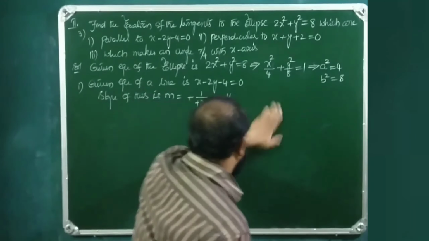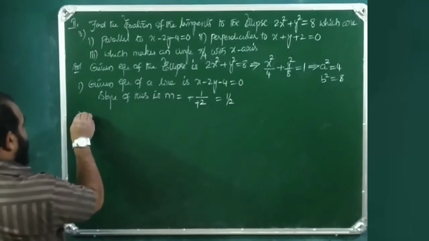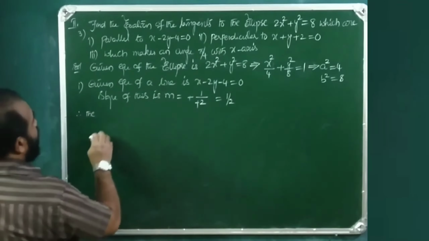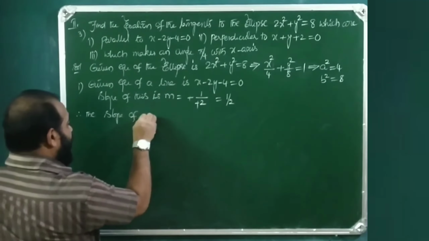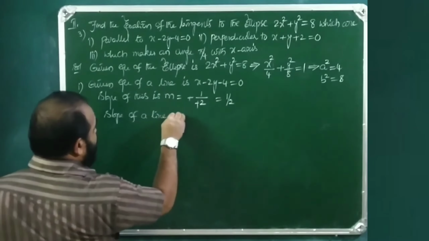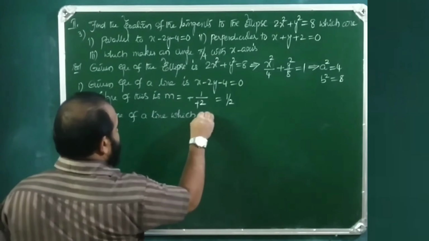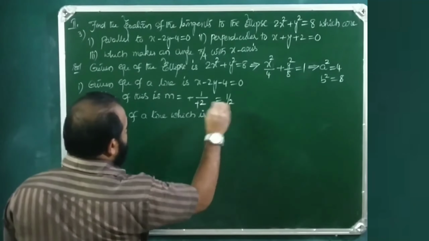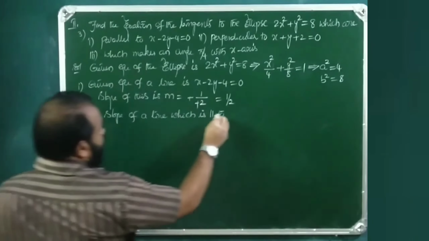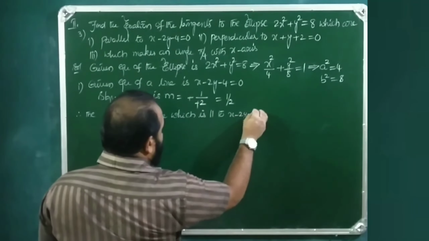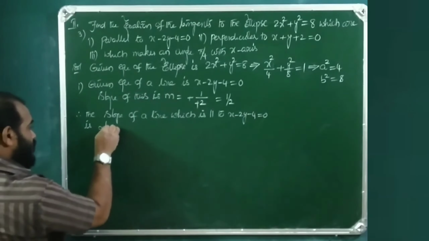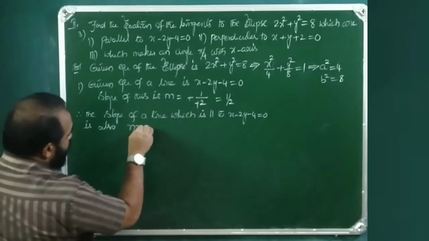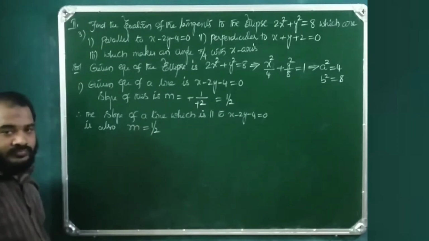So the slope of a line parallel to x minus 2y minus 4 equals 0 is also the same, m equals 1 by 2.